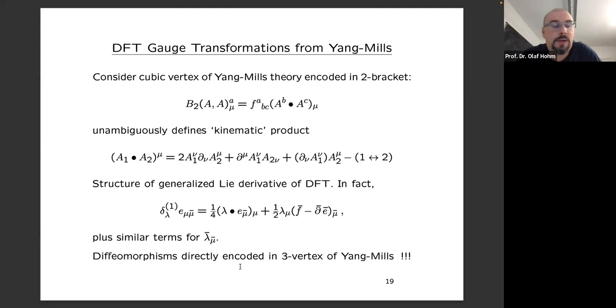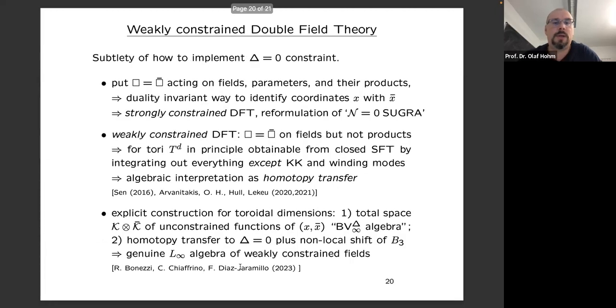So I found that kind of baffling, that the diffeomorphisms of general relativity in this double field theory form are more or less directly encoded in the three vertex of Yang-Mills theory. But anyway, that's just kind of a curiosity. It works for all L infinity brackets of the cubic theory you could want. Okay, so I'm almost done.